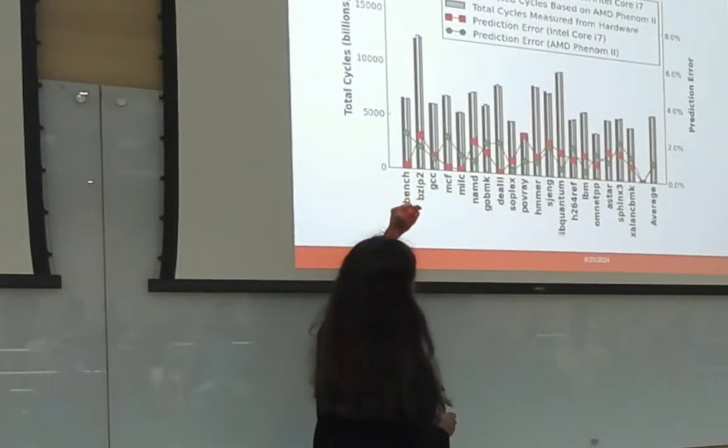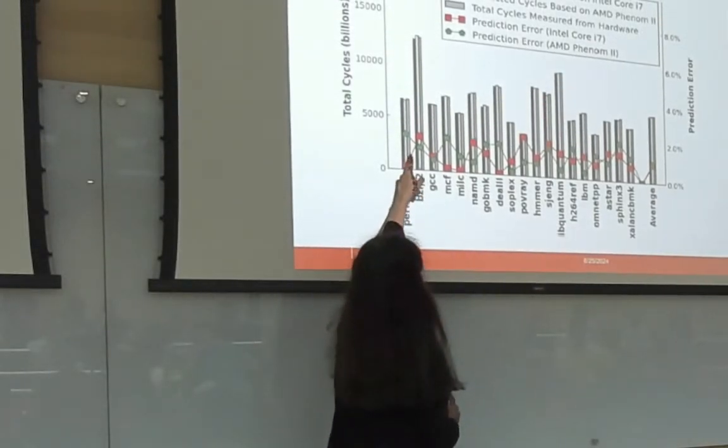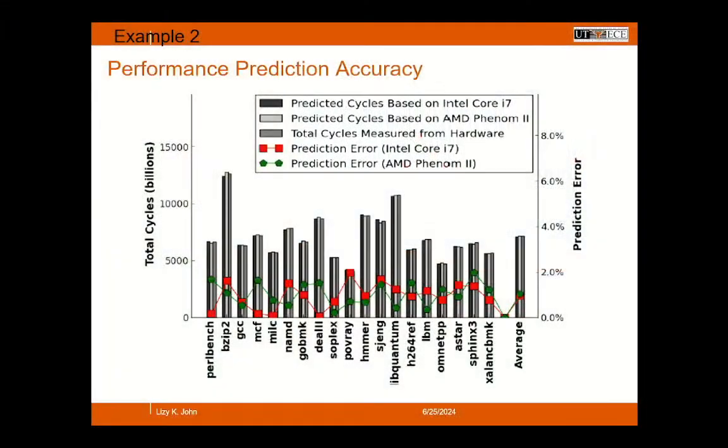And the third one is the actual cycles on ARM. Now, the errors, I guess we can just look at the red and the blue lines to see how much error. Basically the prediction error is less than 2 or 3%.